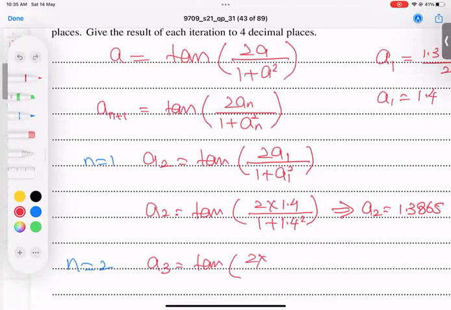So I will put it directly here, 1.3864, and 1.3864 to the power 2. And because I have a calculator, the answer is coming 1.3951.